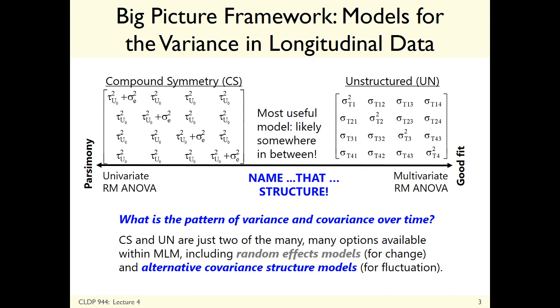So if I have compound symmetry, right? Now we said earlier, no matter how many occasions, how many parameters is that? 2, yes. So now, if I go to compound symmetry heterogeneous, which refers to letting the variances be different across time, how many more parameters have I added? One, so each time gets its own. So if I have 4 total times, how many have I added?